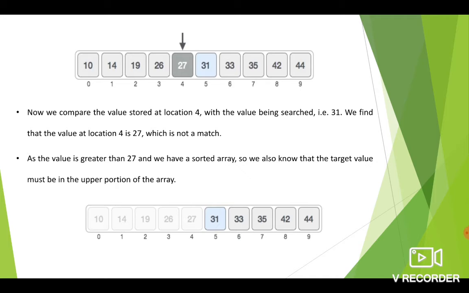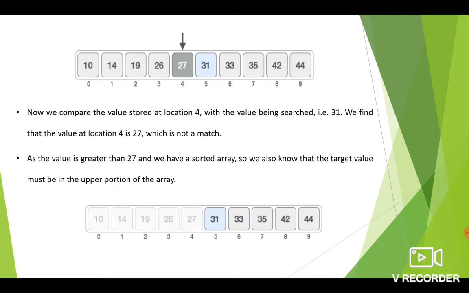You don't need to check for the searching element in the left. That's why the left-hand elements are shaded. That is 10, 14, 19, 26, 27. All these values are shaded. We are going to search for the element 31 only in the right.